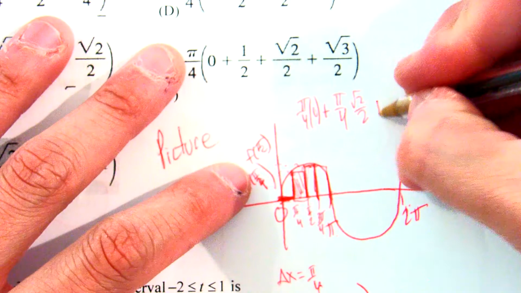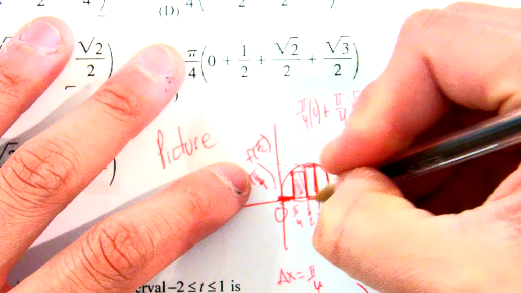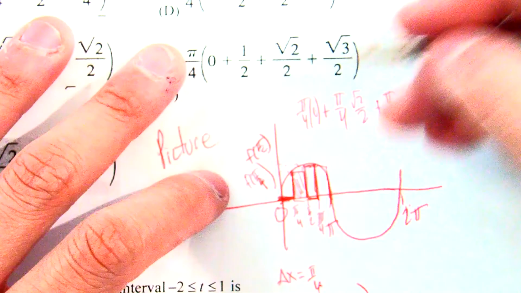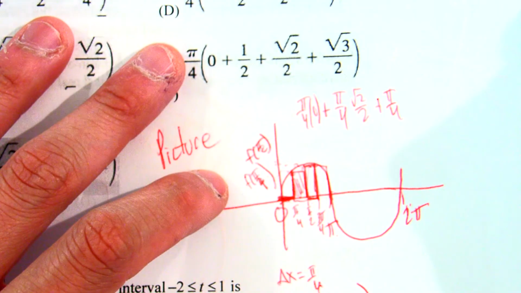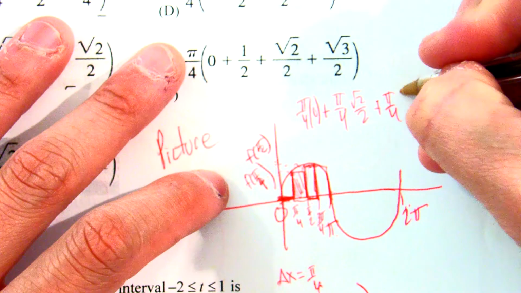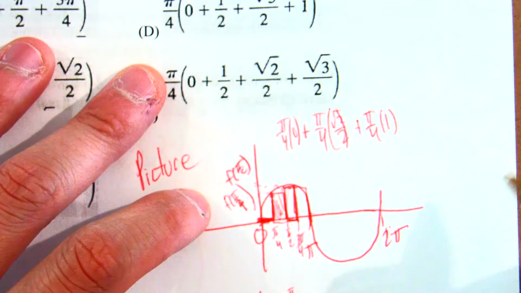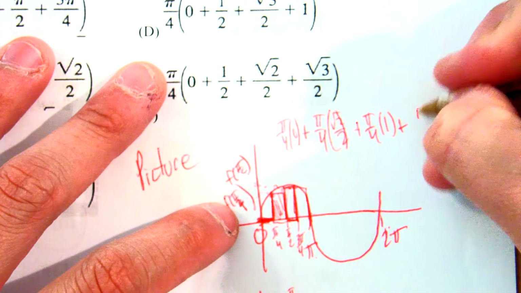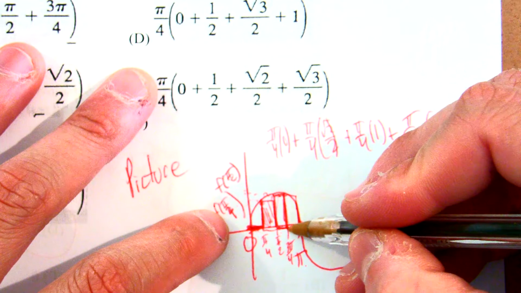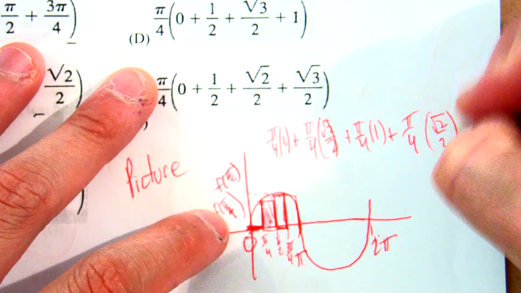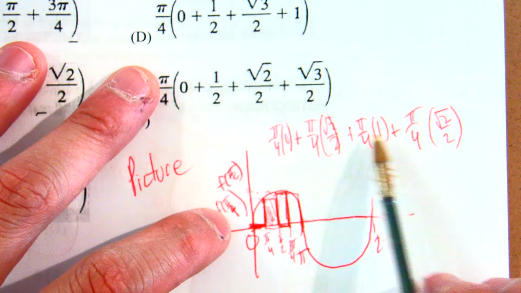The next one is pi over 4 times the sine of pi over 2. What's the sine of pi over 2? 1. So times 1 here. Plus pi over 4 times root 2 over 2, right?